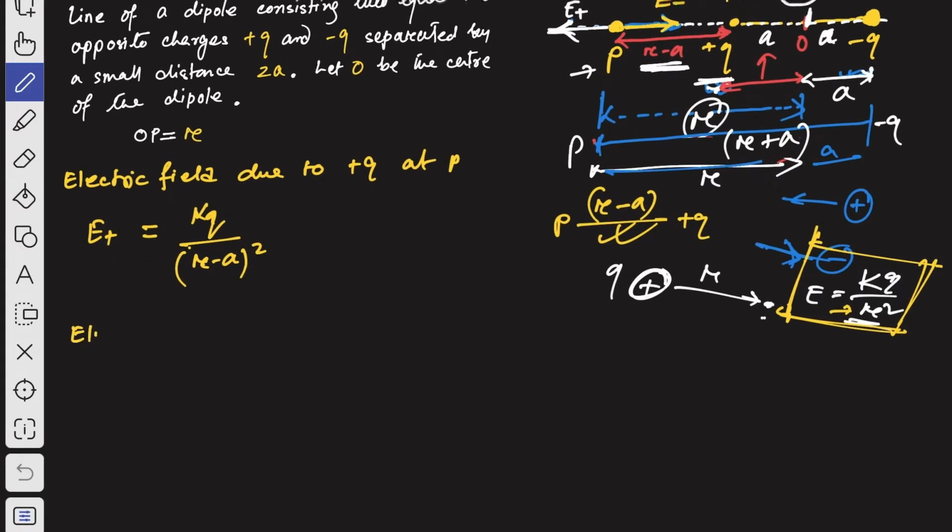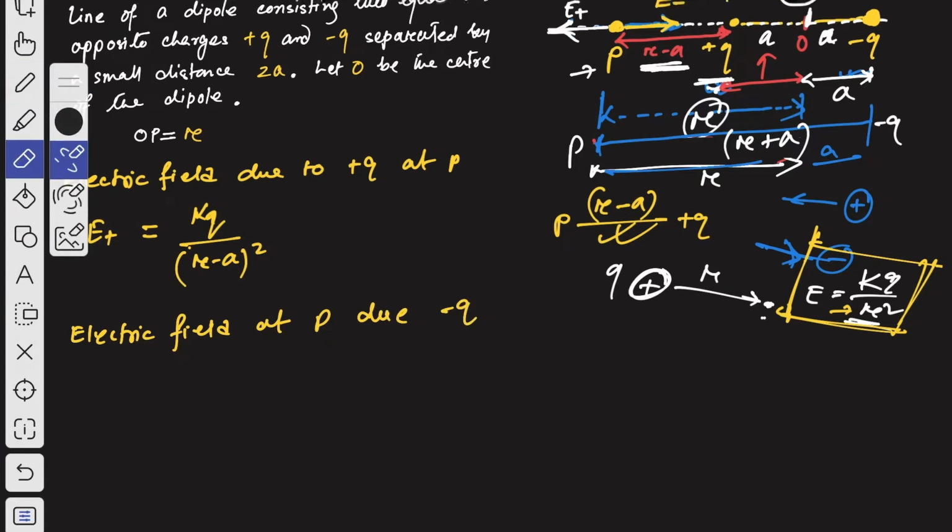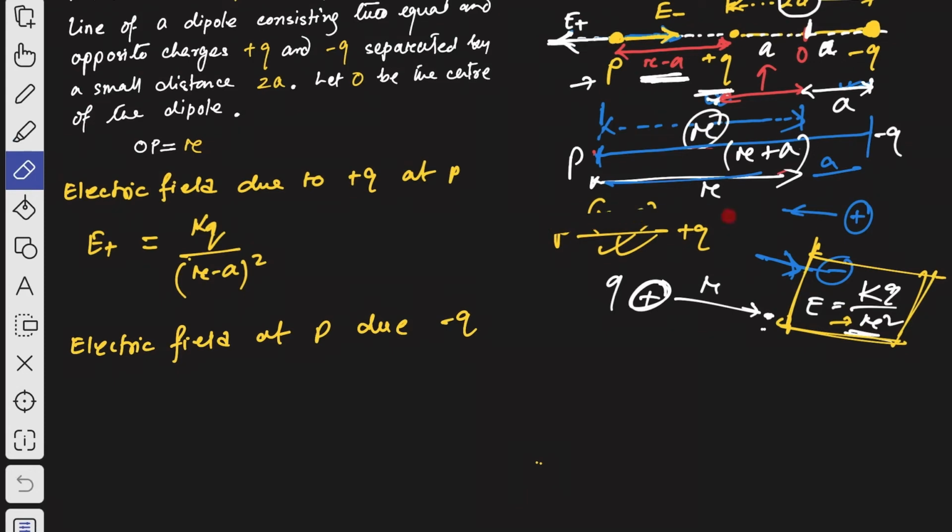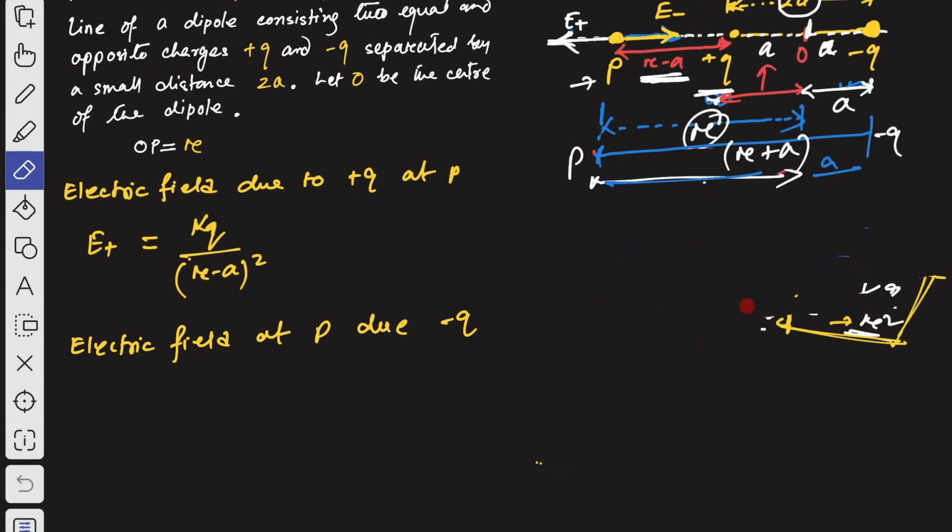So now let me scroll down the page a little bit. Electric field at P due to the negative charge Q. If you observe the diagram here, let me clean this part.